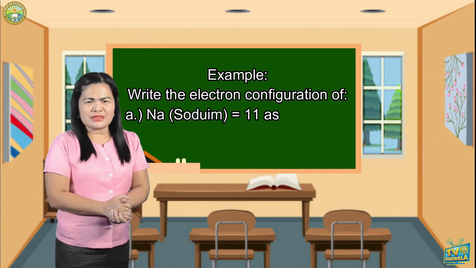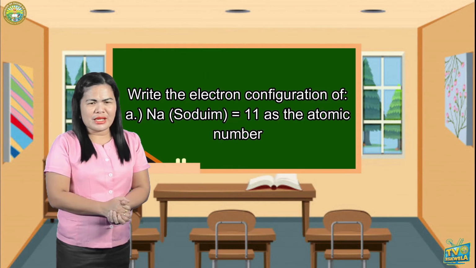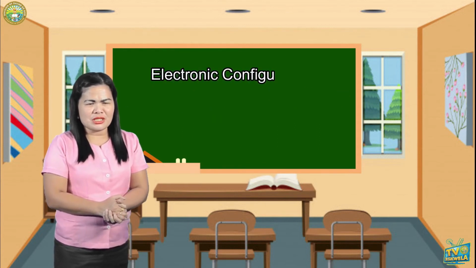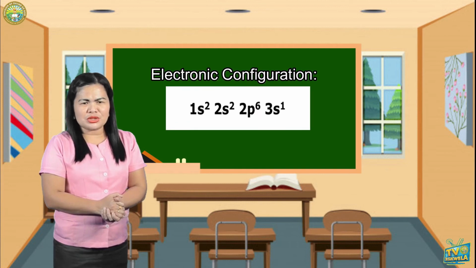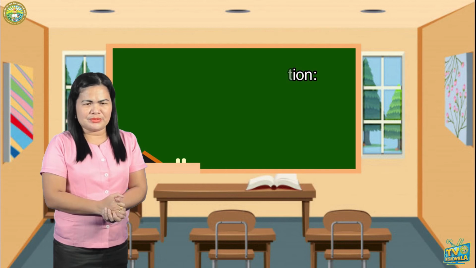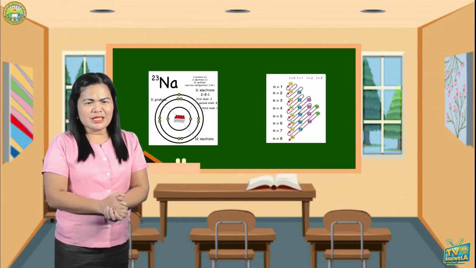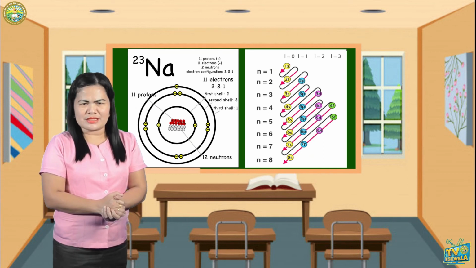Example: write the electron configuration of sodium. With 11 as the atomic number, the electronic configuration is 1s2, 2s2, 2p6, 3s1. In an atom, it looks like this.